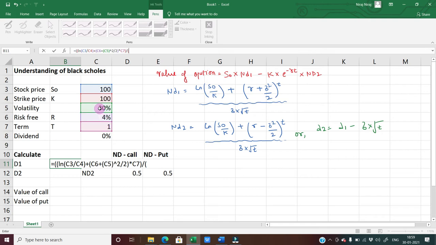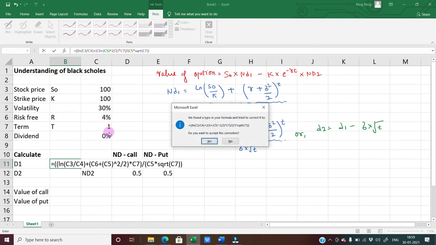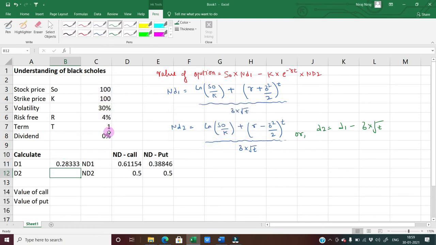Denominator is nothing but sigma into root over t. So the formula for root will be SQRT. In Excel we write SQRT T. Okay, so I am closing all the brackets. So my D1 has come 0.28.